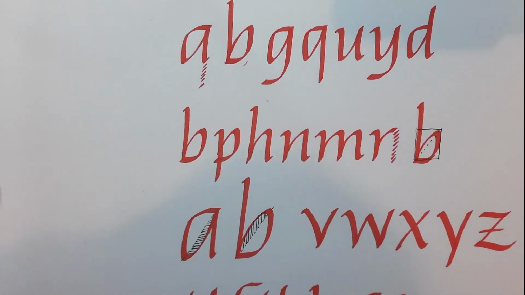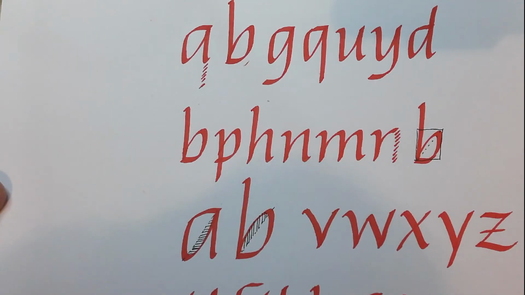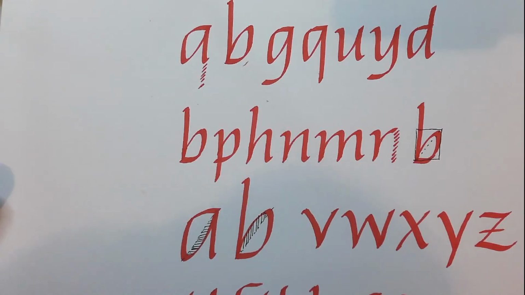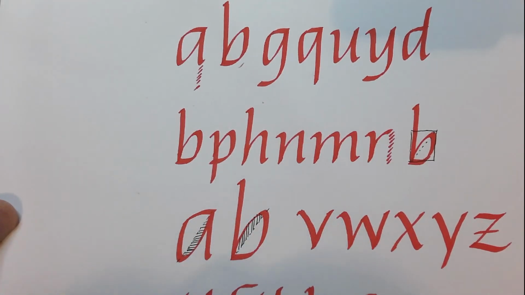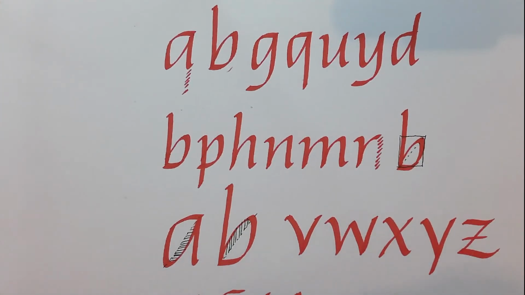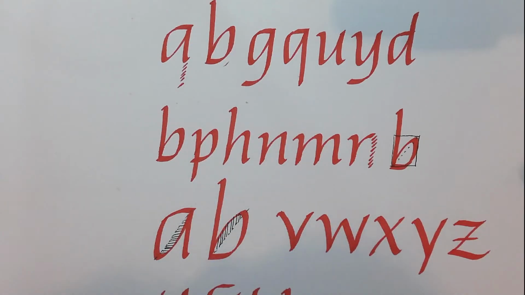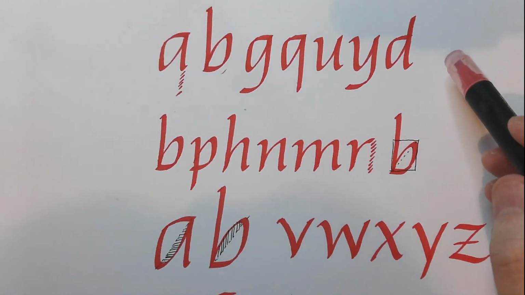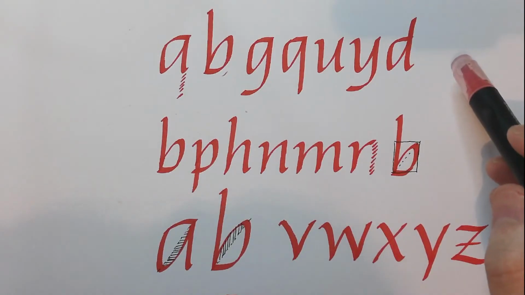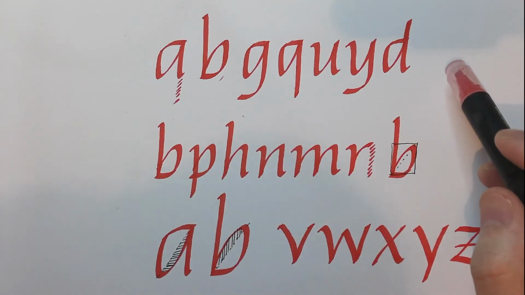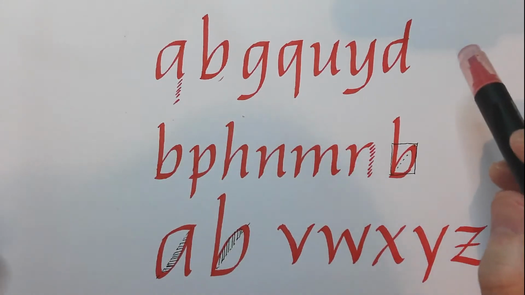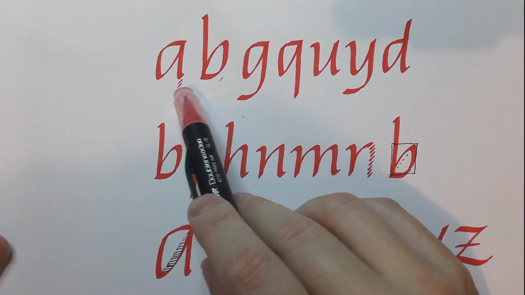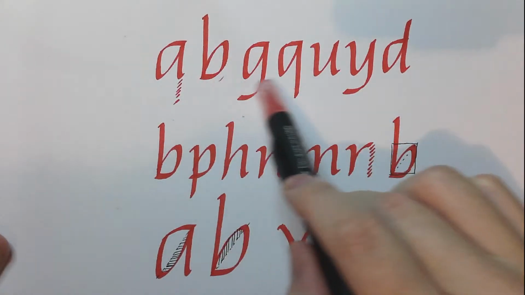And I think that when you read calligraphy books or you watch YouTube videos, they will teach you the 26 letters. But I think it's much more efficient when you practice all the letters in one family together.